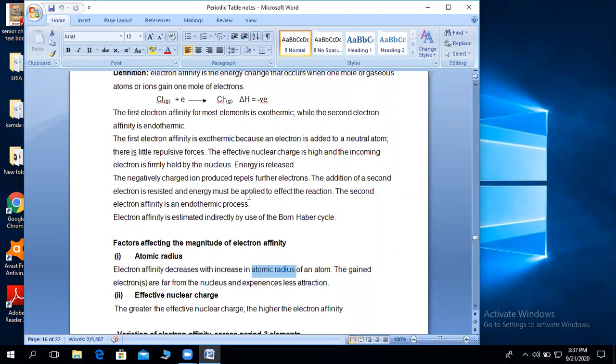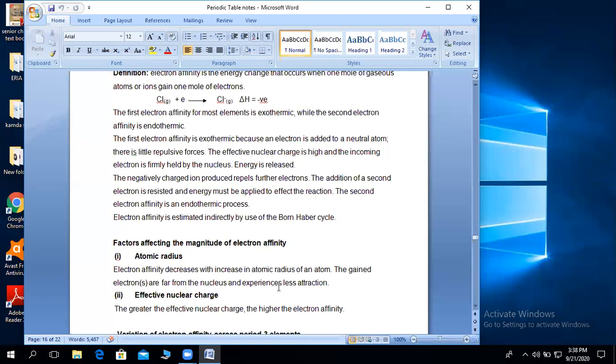Remember, in a neutral atom, the nucleus contains protons which are positively charged and neutrons which are neutral, which have no charge. So the nucleus is usually positively charged, and it will always attract the electron that is negatively charged. So this one should be clear to you.